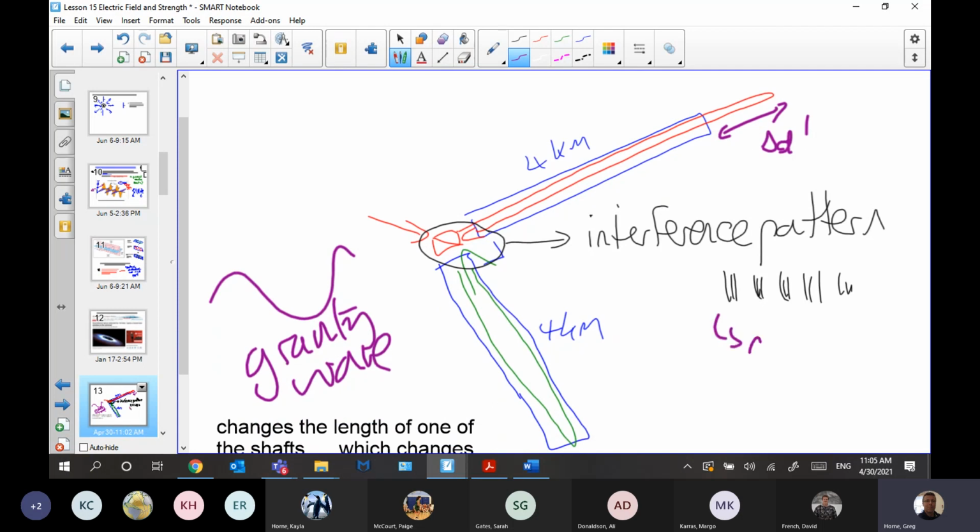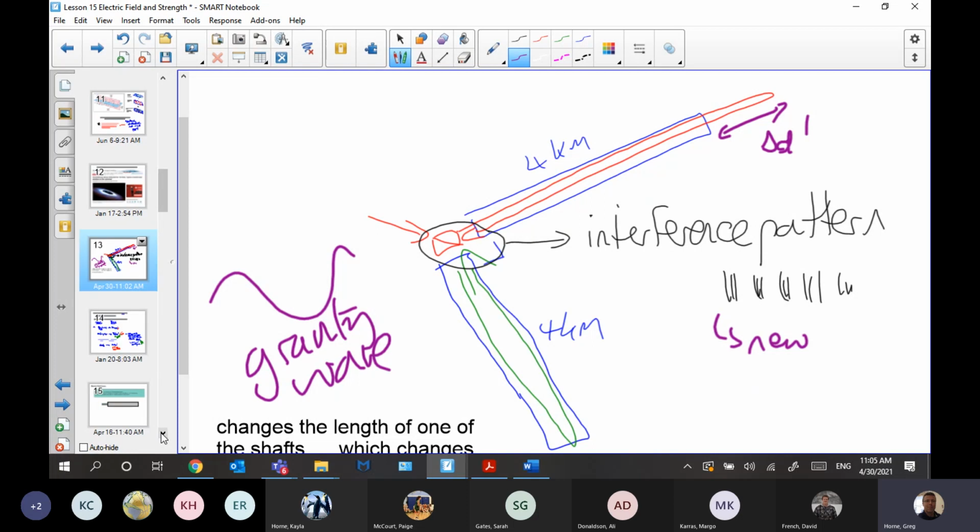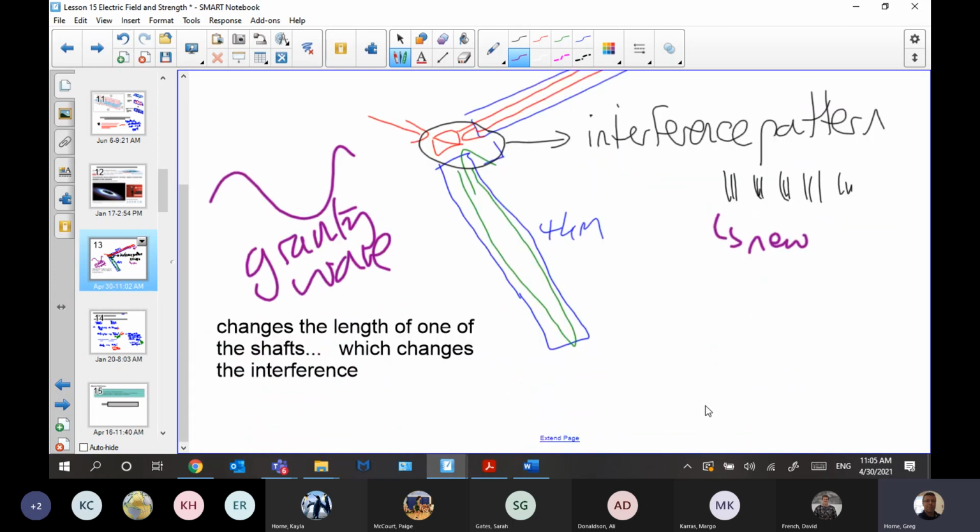You get a new pattern that shifts to the left or whatever, it just changes. And they can calculate that change, and based on that change, they can calculate where the gravity wave came from, what happened, like 2 black holes collided or whatever. So there's a chance in the future that you're going to have big arrays of these things, and they'll be like gravity telescopes. You can actually observe what's going on in outer space by analyzing gravity waves.